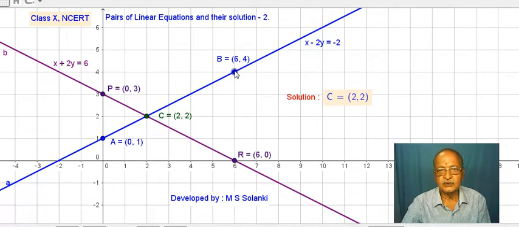We can express this equation as y is equal to mx plus c and then calculate, put the value of x and get the value of y. It is in the standard form, so it will be easy to calculate the value of y whenever we select the value of x.